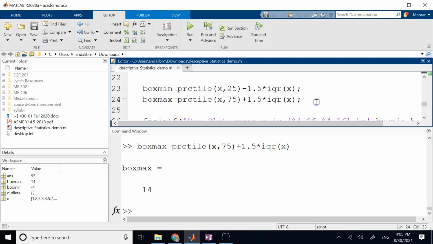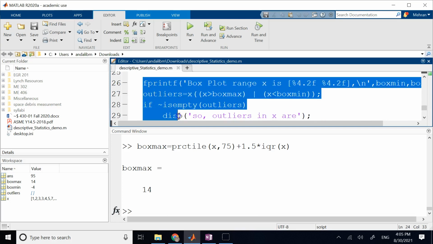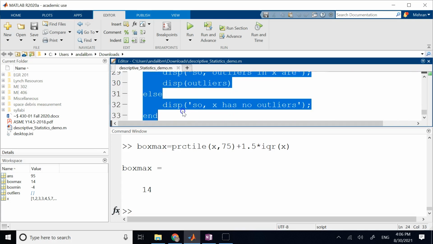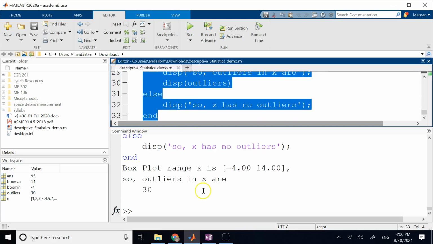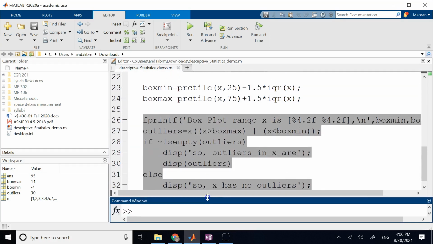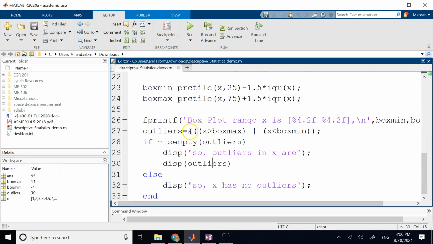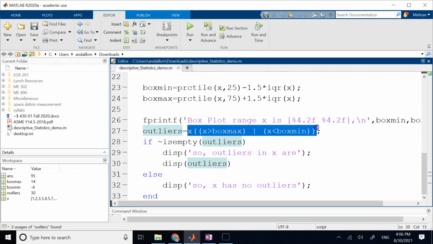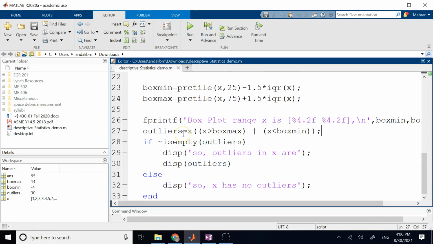So any number bigger than 14 or less than -4 is an outlier. If I run this, it should tell me that number 30 is an outlier. Look, you see the outlier is the number 30. So this is how you do the box plot in MATLAB using a simple comparison, or a logical array, basically.